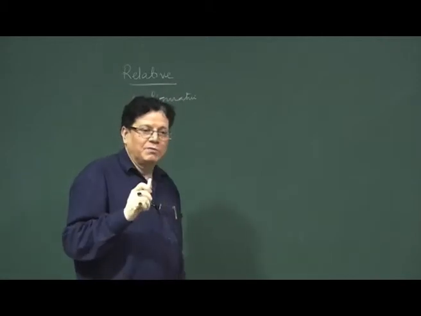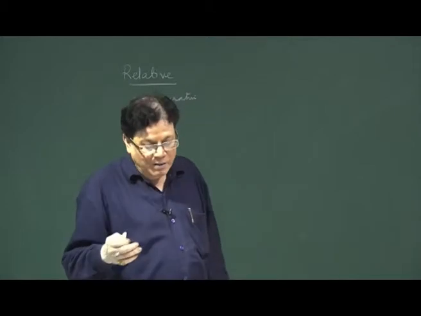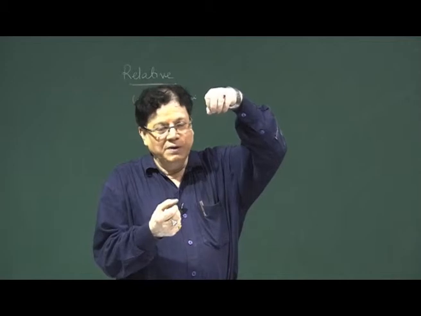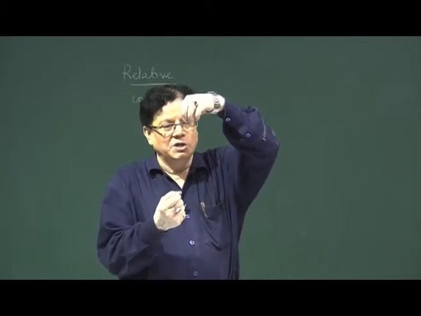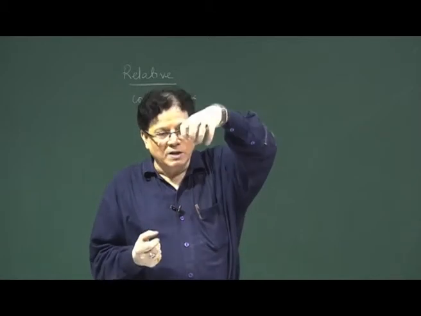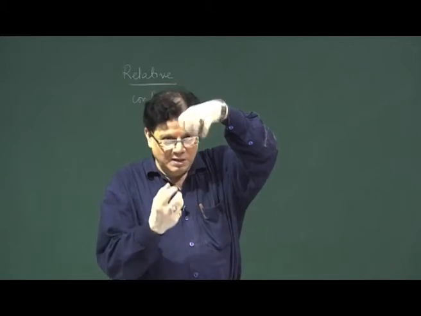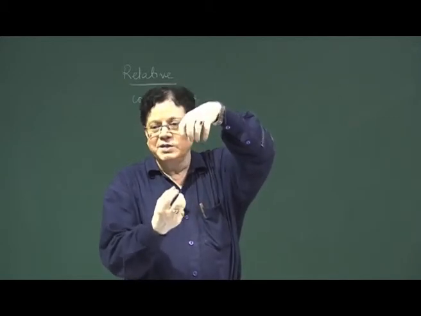Another type of relative configuration I said is where there are multi-stereogenic systems. Then the relative configuration is basically the configurational relationship between the two stereogenic centers. Suppose one stereogenic center is R, another is S, or this is R, this is S, this is R. That means they have opposite configurations.